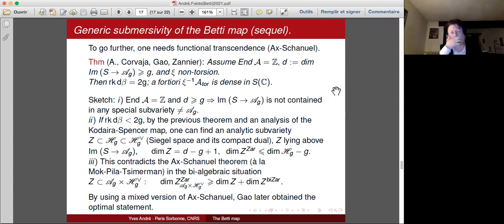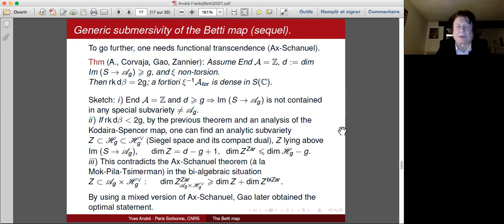Then the conclusion is that in this case, the rank of the Betti map is maximal, is 2g, and a fortiori, as I told before, the torsion values are dense in the base.